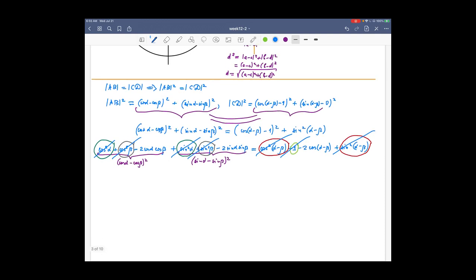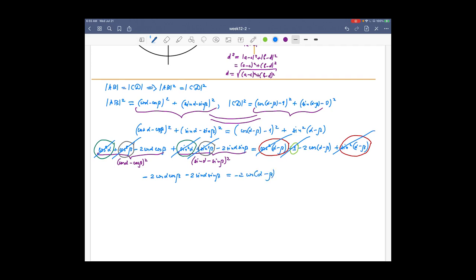So what is left is negative 2 cosine alpha cosine beta, negative 2 sine alpha sine beta equals negative 2 cosine of alpha minus beta.